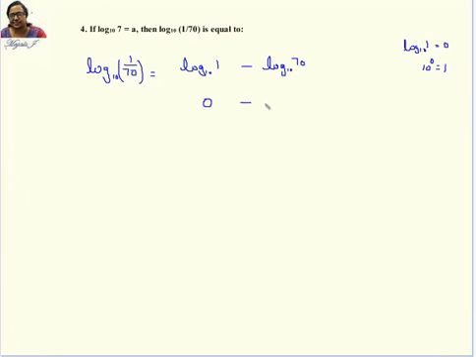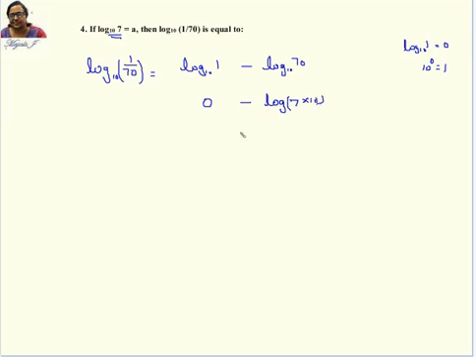And here, what is given to us? Given to us is log 7. We need to break it in the form of log 7. So what are you supposed to do? 7 into 10. Good.